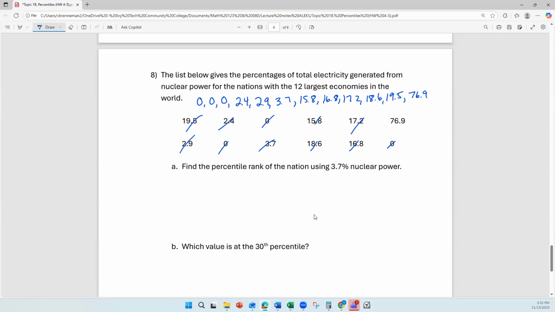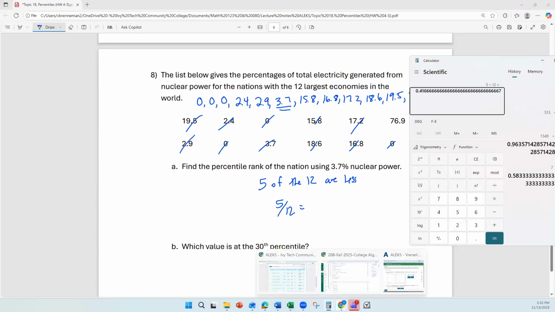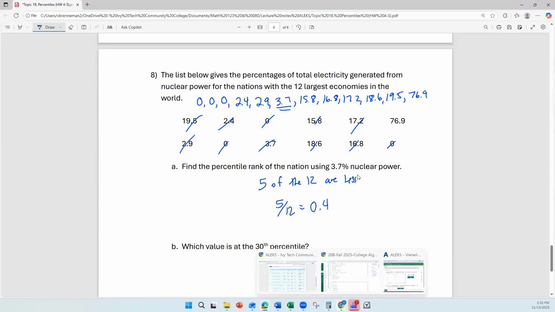So the percentile rank of the nation using 3.7%, that's this guy, 5 are below. So 5 of the 12 are less than that. So 5 divided by 12, which is 0.416 repeated. So that rounds to 42, 42nd percentile.